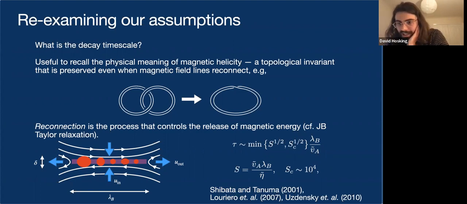later rediscovered by Loureiro et al., and later realized that what this instability does for you is give you fast magnetic reconnection, which is magnetic reconnection within the MHD framework that does not depend on the size of the magnetic diffusivity.